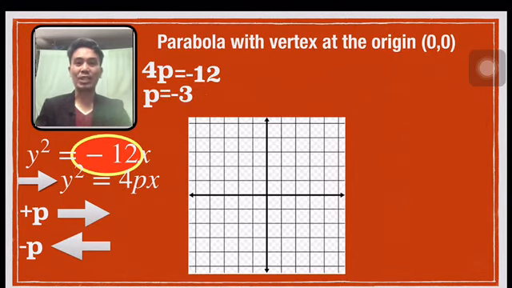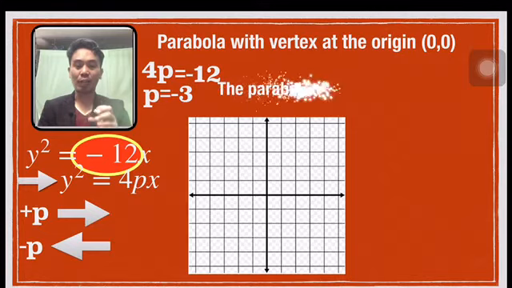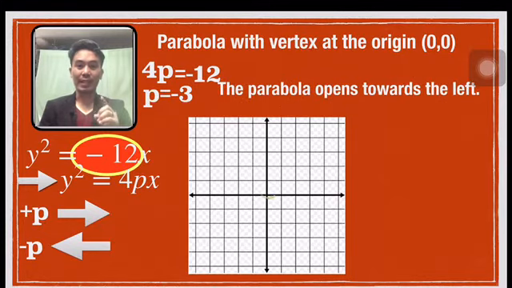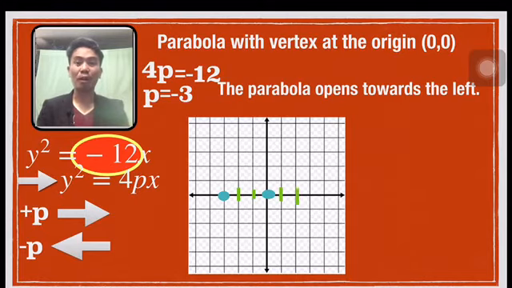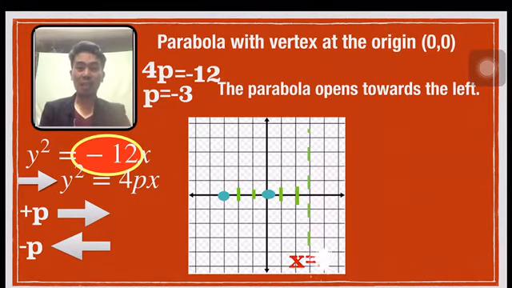It means to say that from the vertex, the focus is 1, 2, 3 units away from the vertex. And also, the directrix of this parabola is 1, 2, 3 units away from the vertex to the right. To graph this parabola, we need two more points, and each point is 2p.